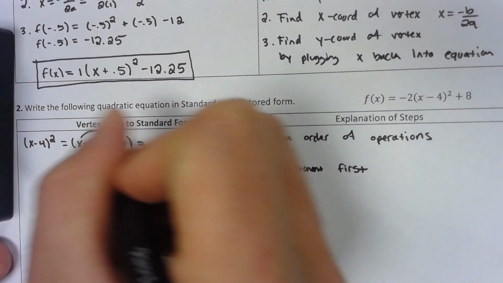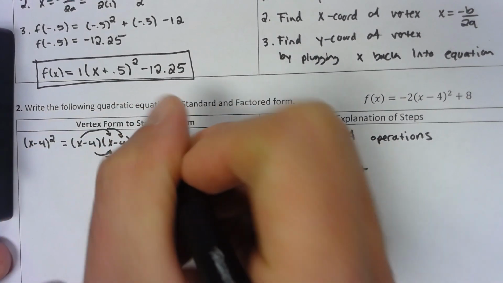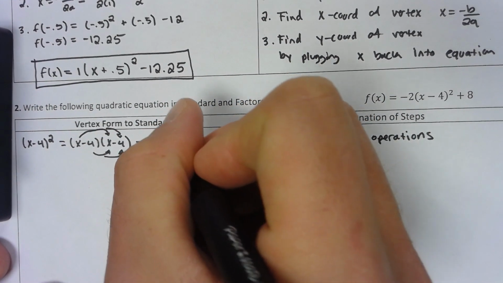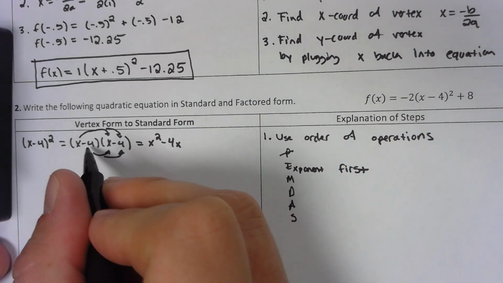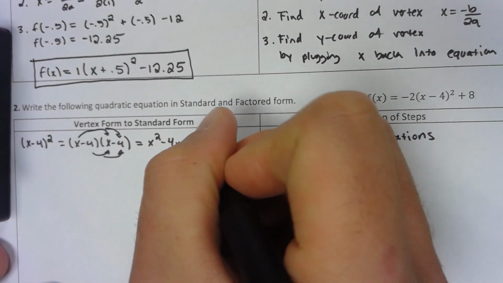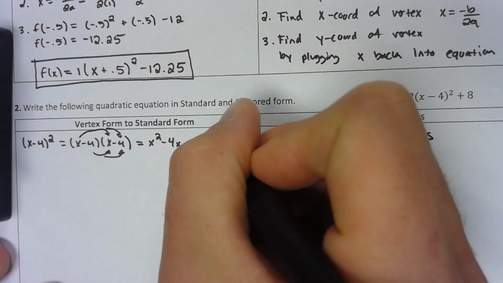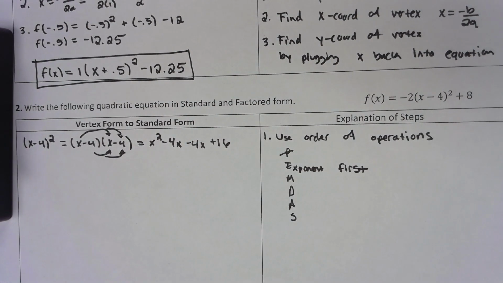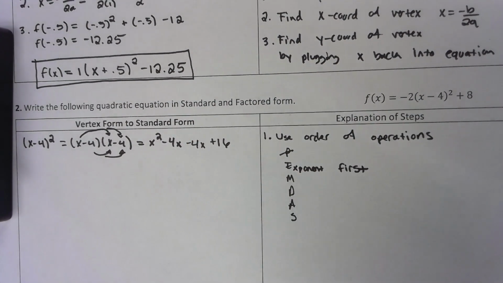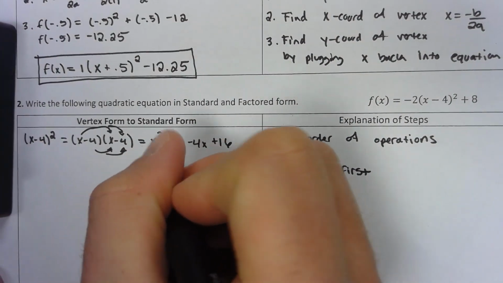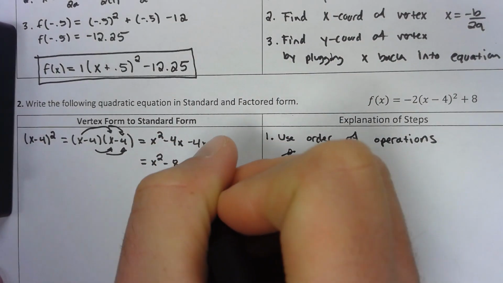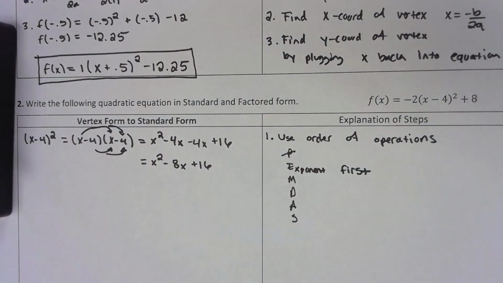Okay, so x times x is x squared. Negative 4 times x is negative 4x. I get another negative 4 times x. And then negative 4 times negative 4 is 16. And then combining like terms, negative 4x and negative 4x makes negative 8x plus 16.